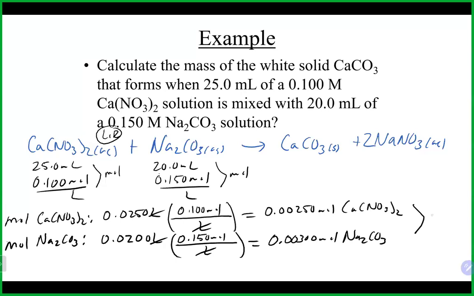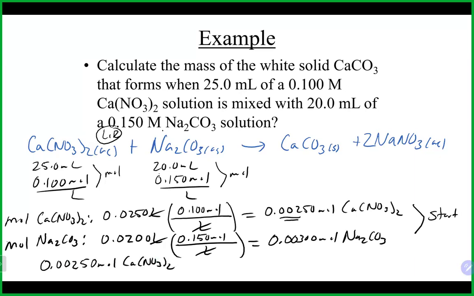So remember that when we are looking to determine limiting reagent, all we have to do is take one of those reactants and figure out how much of the other one is needed to use it all up. So I'm going to take this one and try to figure out how much sodium carbonate is needed to use that up. That is just a small little calculation here. 0.0025 moles of calcium nitrate.